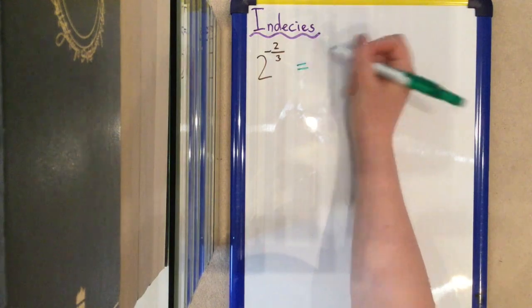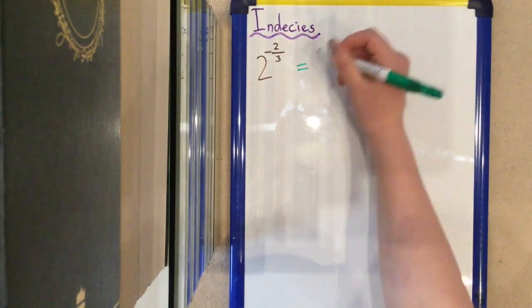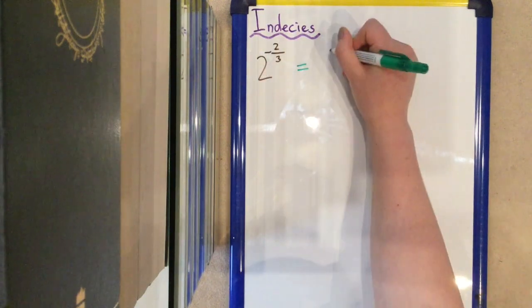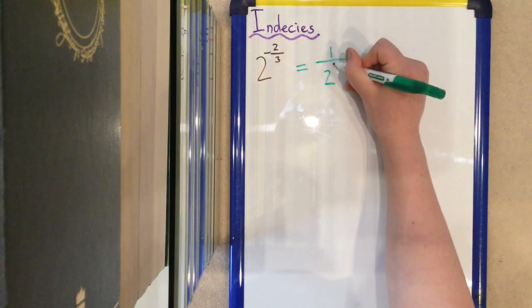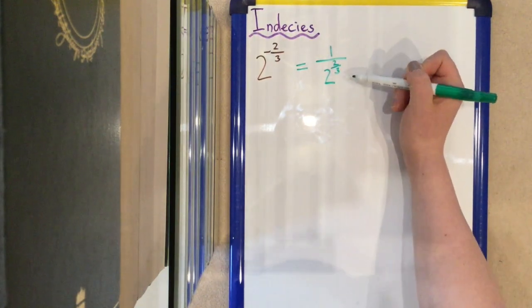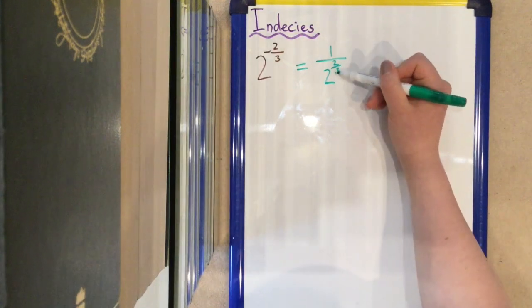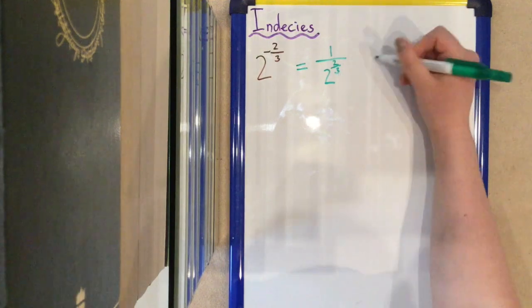So the first thing I want to do is get rid of this irritating minus because it makes the fraction much more difficult. So I'm going to reciprocate this 2, 1 over 2. The numerical value of the power doesn't change, so it's to the power of 2/3, but I've gotten rid of the minus. Next thing I'm going to do is expand this fractional power. It's a fractional power, so I know there's a root involved.